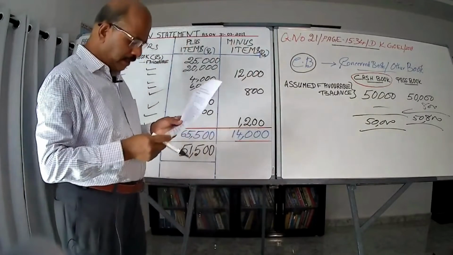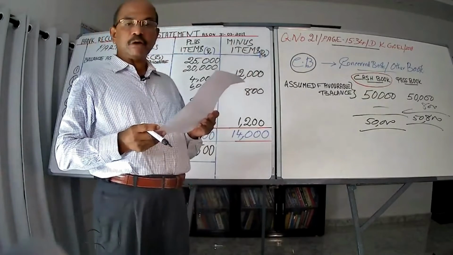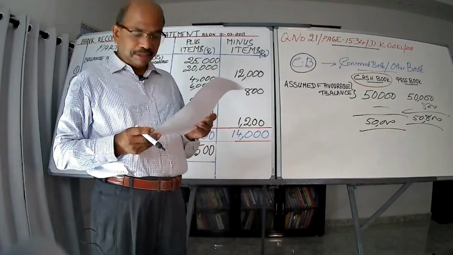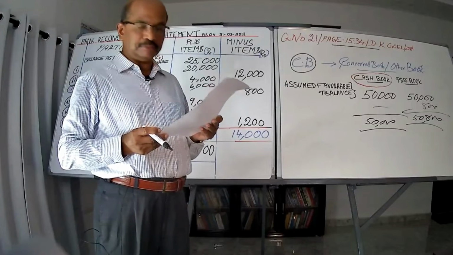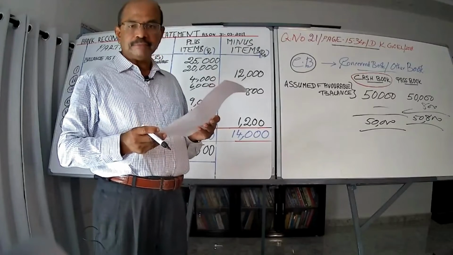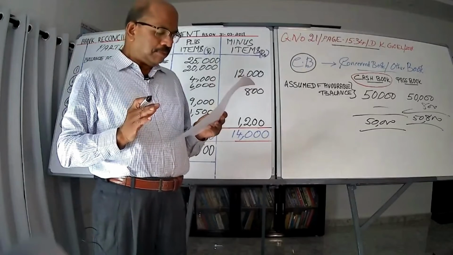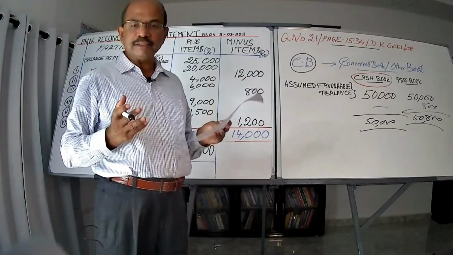Okay. Next. A bill receivable of rupees 9,000 previously discounted from the bank was dishonored on 30th March 2017, but no intimation was received from the bank till 31st March. In other words, I was not aware that there has been a dishonor of a bill receivable. Now you may ask again, what is this bill receivable?